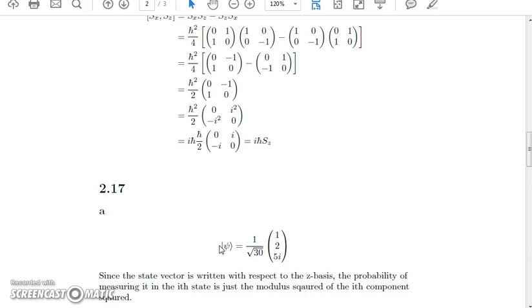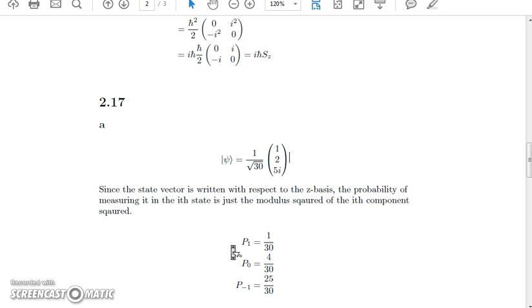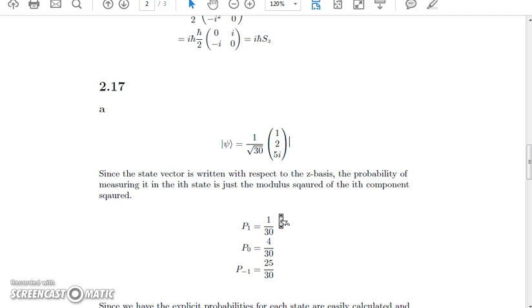Since this state vector is written with respect to the Z basis, the probability of measuring it in the ith state is just the modulus squared of the ith component. So then the probabilities are easily seen to be 1 over 30, 4 over 30, and 25 over 30 for the states 1, 0, and -1 respectively.